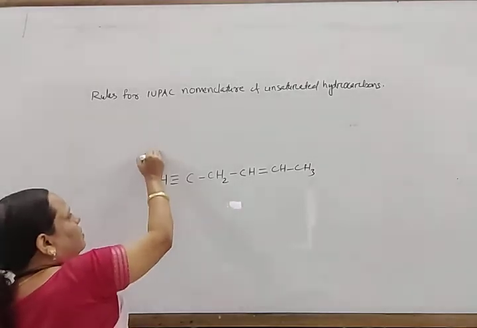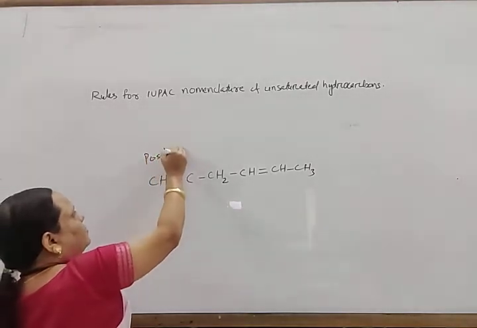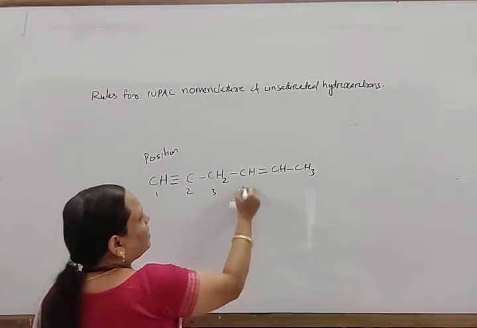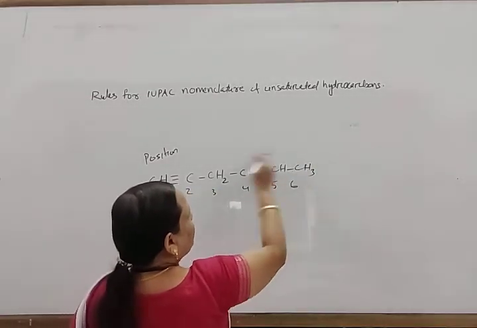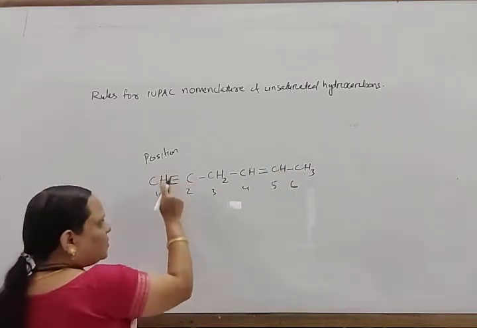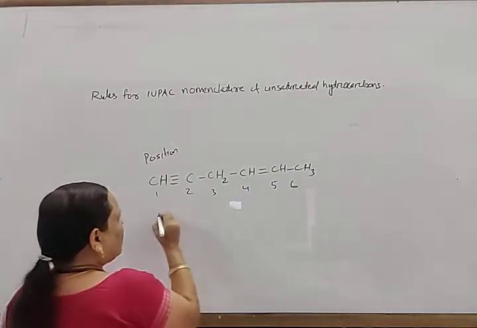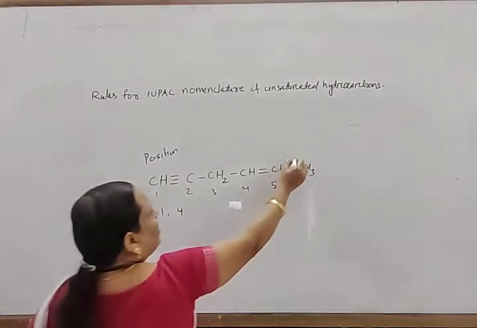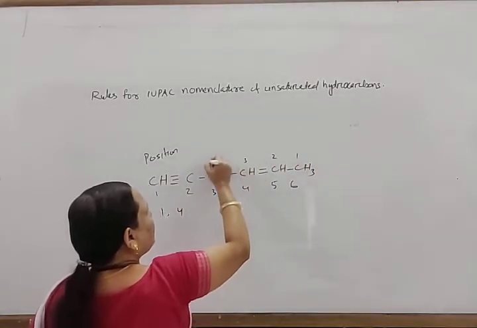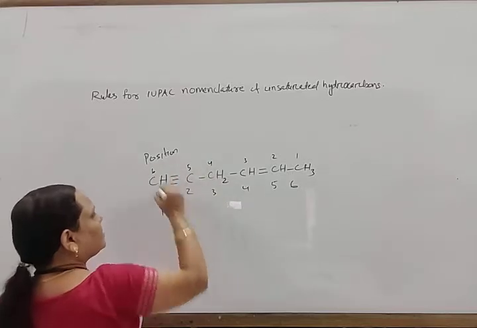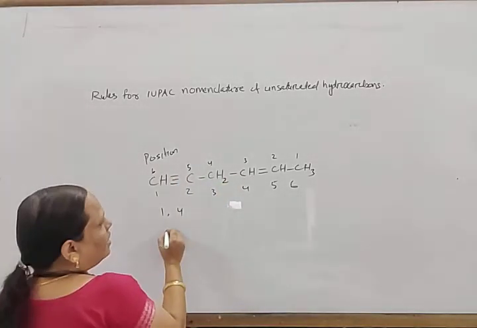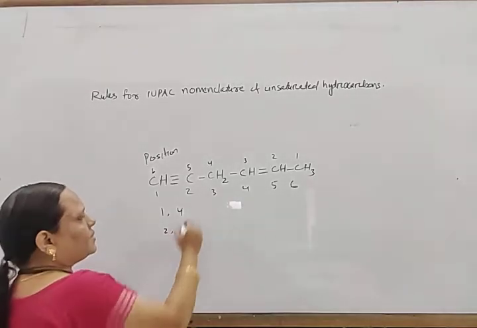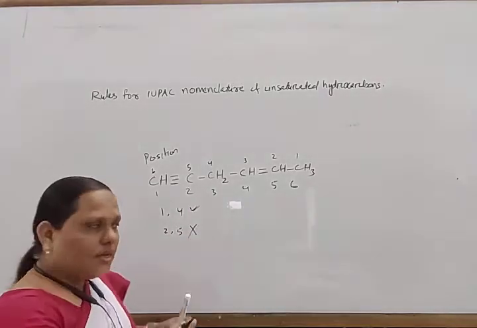If you count from here 1, 2, 3, 4, 5, 6, the positions of the triple bond and double bond come at 1 and 4. If you count from this side, 1, 2, 3, 4, 5, 6, the positions come at 2 and 5. So 2, 5 is wrong and 1, 4 is correct.